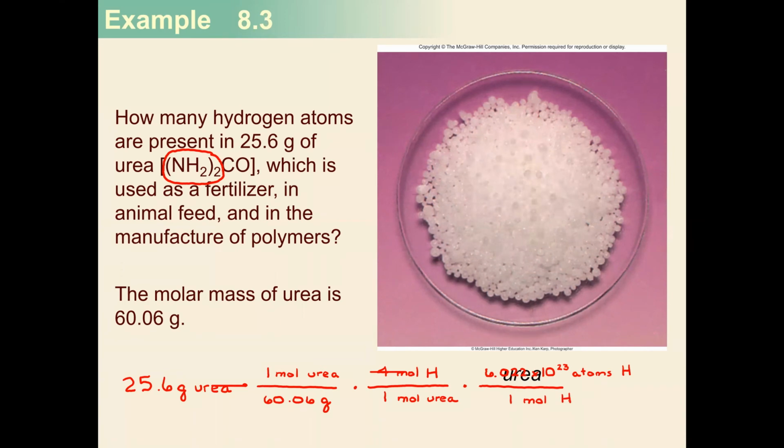So now you can see that we have the unit that we want, and if I have done this math correctly, I will get a value of 1.03 times 10 to the 24th atoms of hydrogen. So the important part of this reaction was to know how many hydrogens are in each one of my ureas. Other than that, this is going to be simple unit conversion.